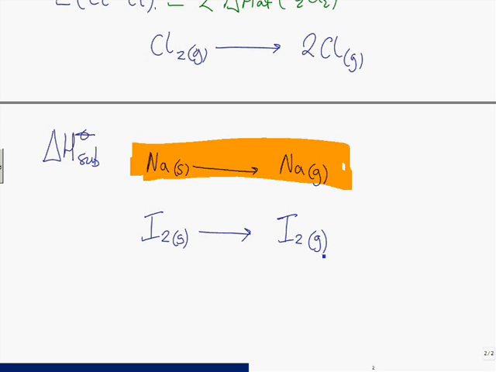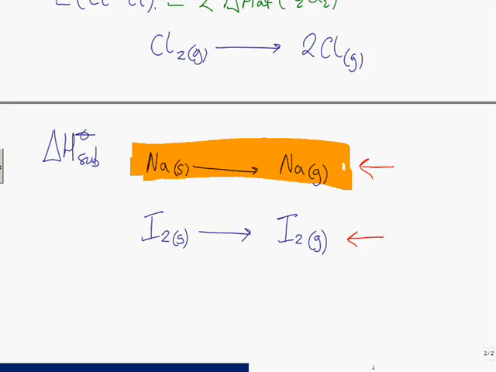So whereas in the case of sodium we're breaking strong metal bonds, if you like, metallic bonding, in the case of iodine we're not breaking the strong covalent bond between the two atoms. What we are doing is just breaking the weak intermolecular forces between the molecules. So you have to take a little bit of care with that.